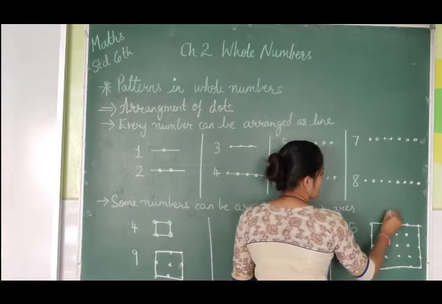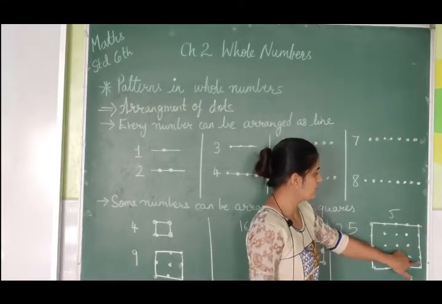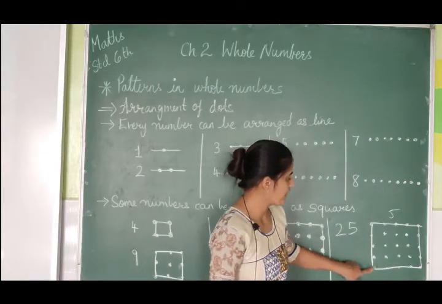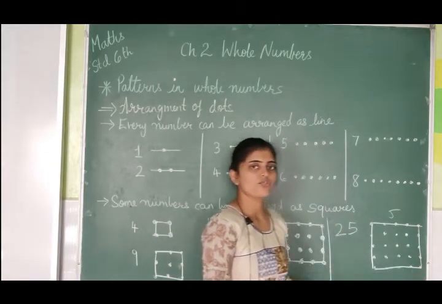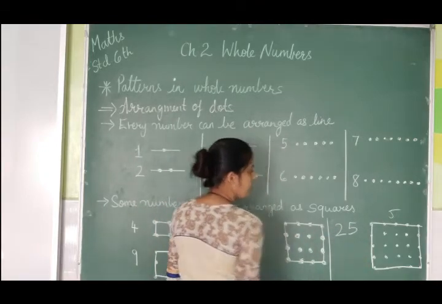Each side has 5 dots: 1, 2, 3, 4, 5, repeated four times. So which will be the next number? You have to find that out.